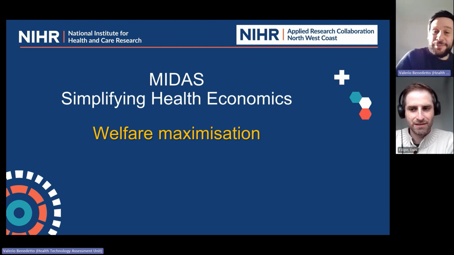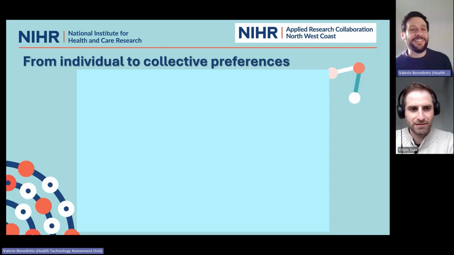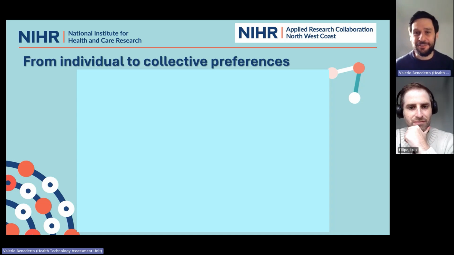So last time, Luis really nicely talked about individual utilities linked to individual preferences, and he had a very good example. So now we can try to measure utilities, and how all these concepts can apply to healthcare economic evaluations.